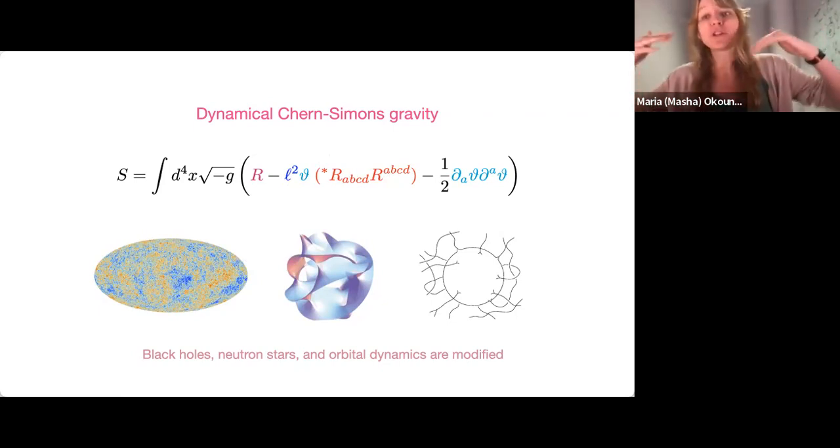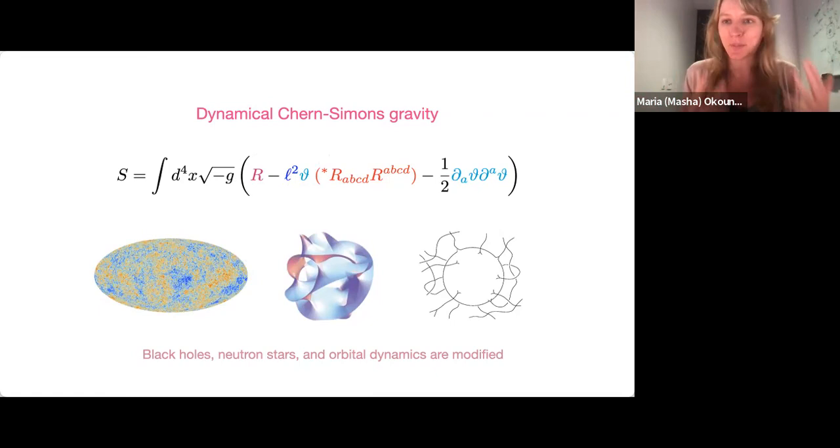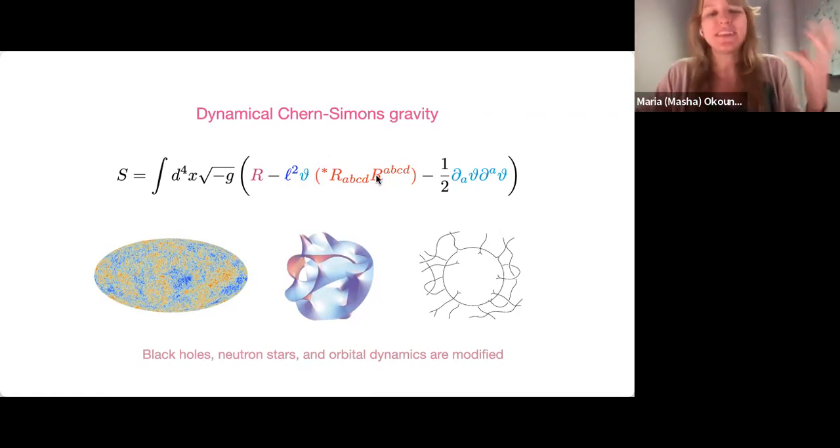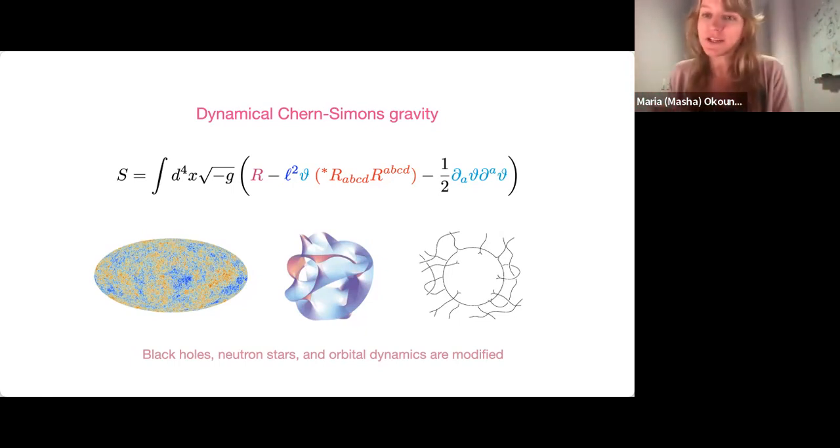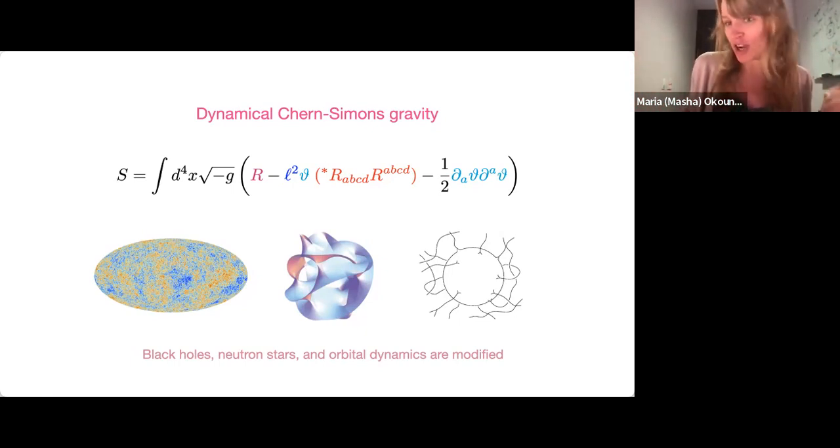This is the length scale below which beyond GR effects become important. And to make this theory dynamical, you need to couple this to a scalar field and have a kinetic term for the scalar field in order to actually introduce dynamics. And for our purposes, we need to know that black holes, neutron stars, and orbital dynamics are modified in this theory. So this is a wonderful theory to use to test GR in a model-dependent way.